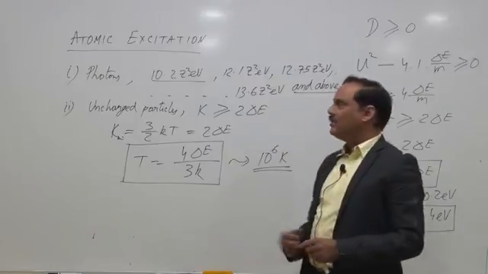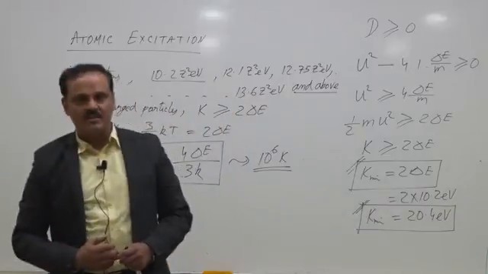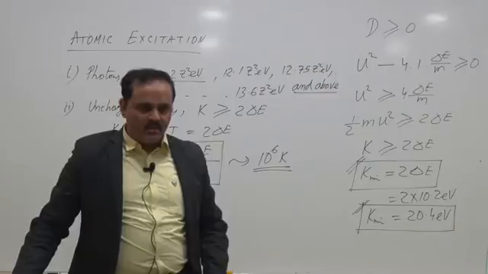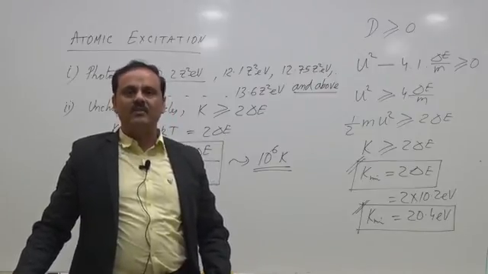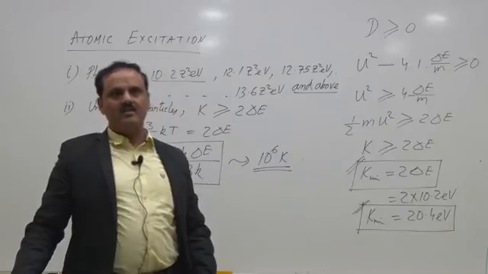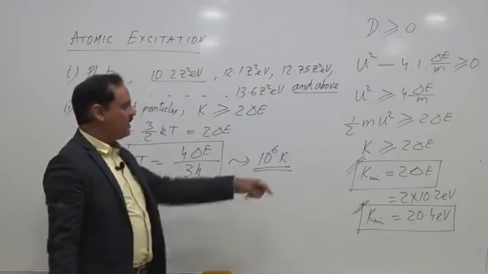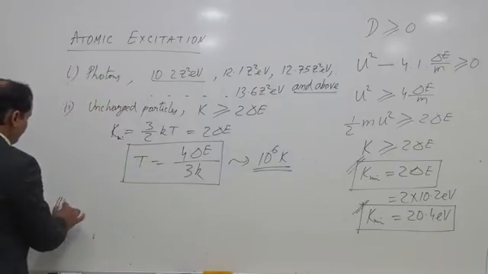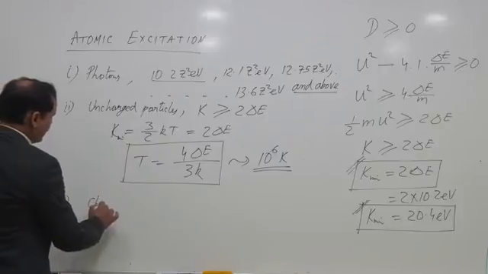So in collision energy is not transferred, and that is why in gaseous state the kinetic energy of colliding particles is less and collision is perfectly elastic. Inelastic collision is possible at very high temperature only. And the third one is by collision by charged particles.